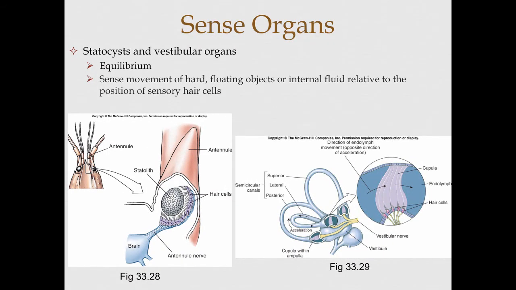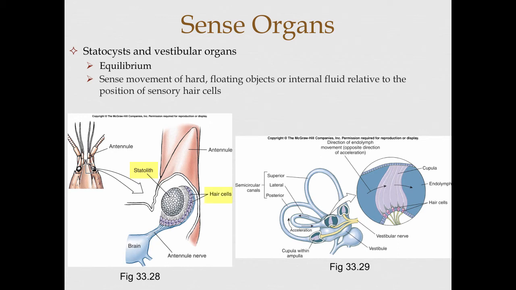Another type of mechanoreceptors are statocysts and vestibular organs. These are all about sensing equilibrium, figuring out the direction of gravity so you can maintain a balance. So these sense the movement of hard floating objects or internal fluid relative to the position of sensory hair cells.